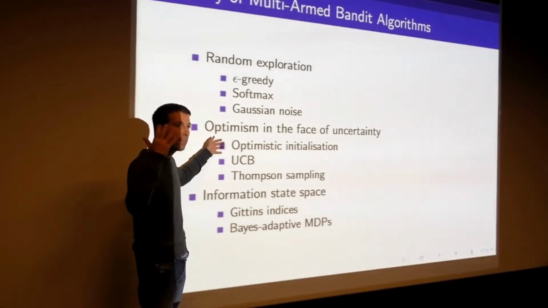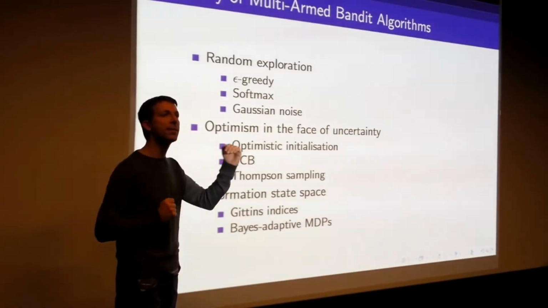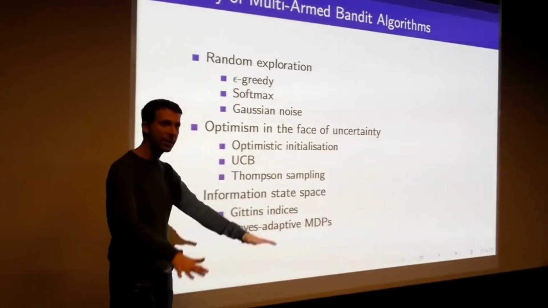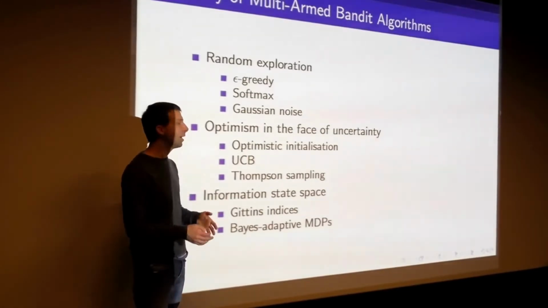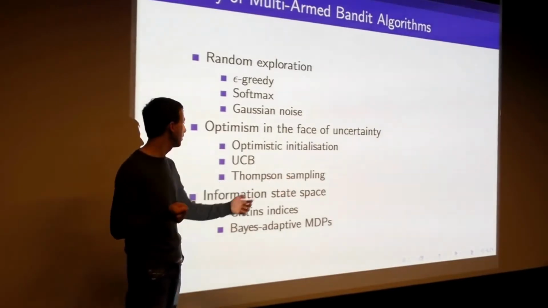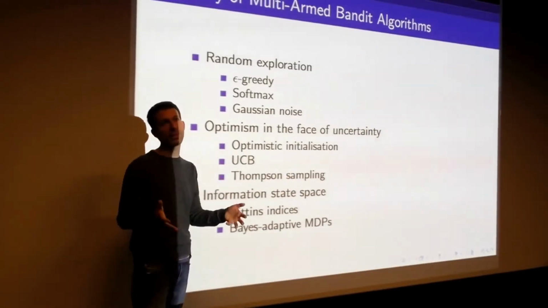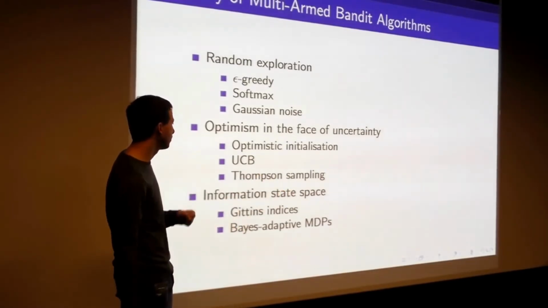Optimistic initialization, the simplest form, where you just initialize your values high and assume the best about something until proven otherwise, until you suppress its value back down to its realistic value. The UCB approach, where we basically use some upper confidence bound on the value to guide our exploration. And Thompson sampling, where we do probability matching, where we pick things in proportion to their chance of being the best thing.